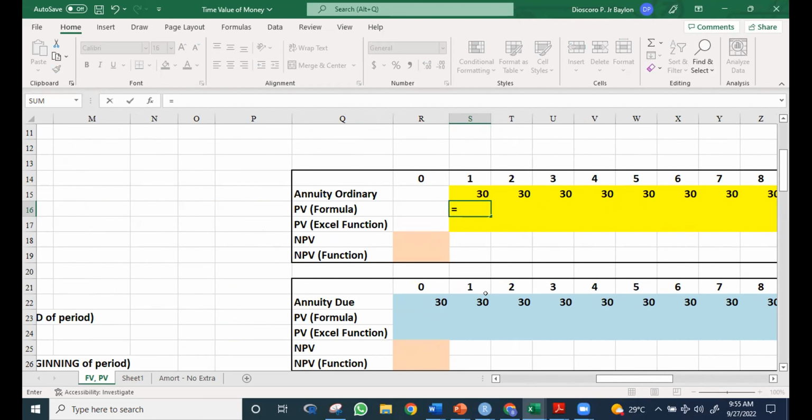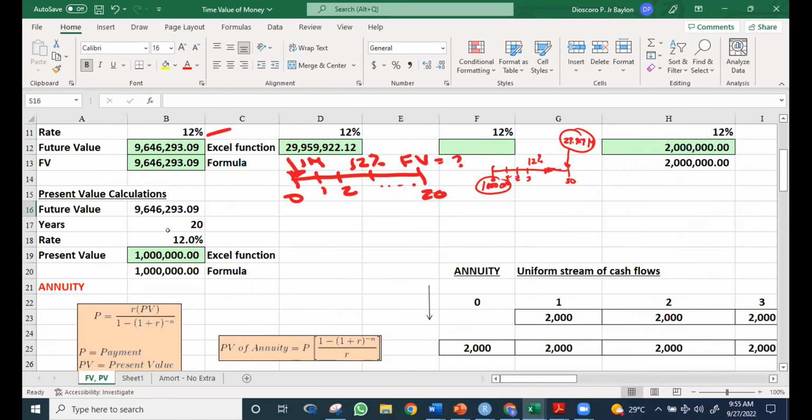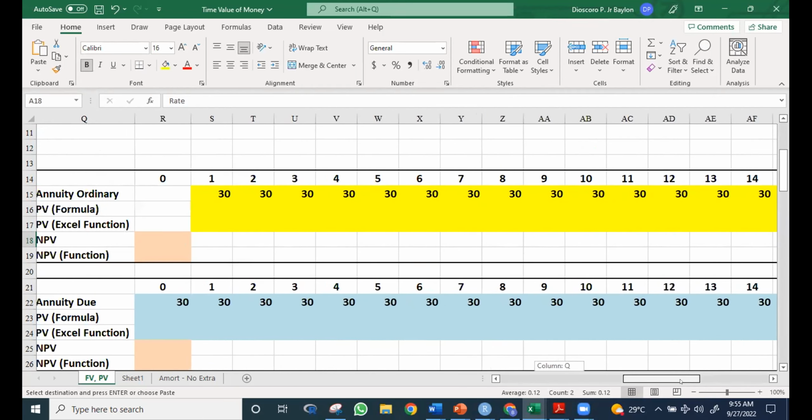So if we use the formula, this is our future value. We want to get its value now. So the formula is the future value times 1 plus the rate. Okay, we were not given the rate, sorry. Let me copy this, Control C, and put this here.